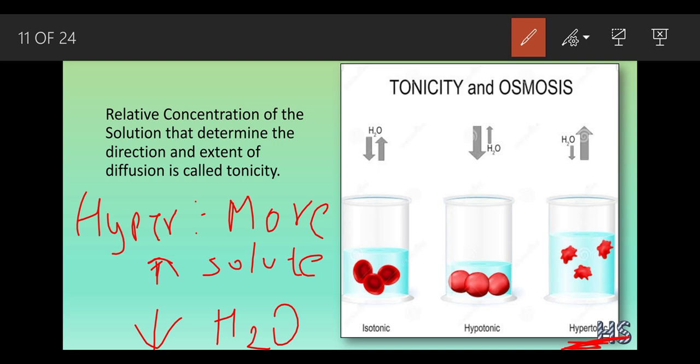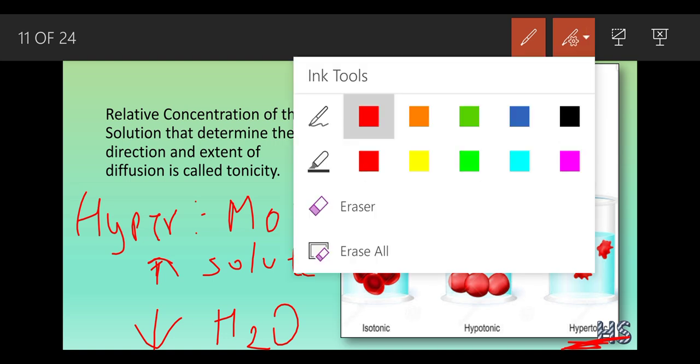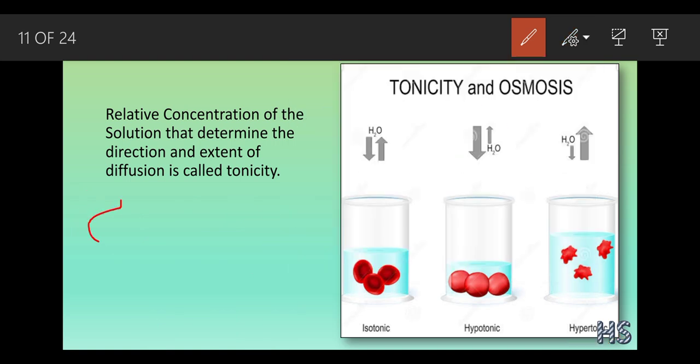When we put the cells inside this solution, the cell size got shriveled up. Why did this happen? Because the cell was swelled up, I put it in the beaker which was hypertonic, and after a few hours the water which was present inside the cell exited, and that is why the cell size got shriveled up.